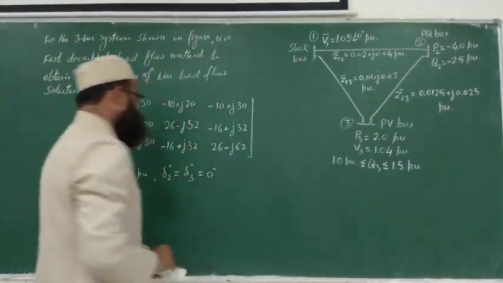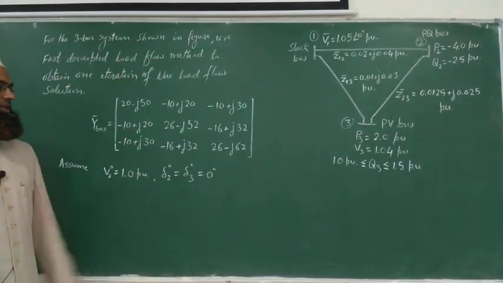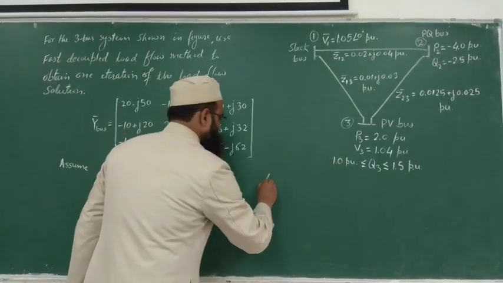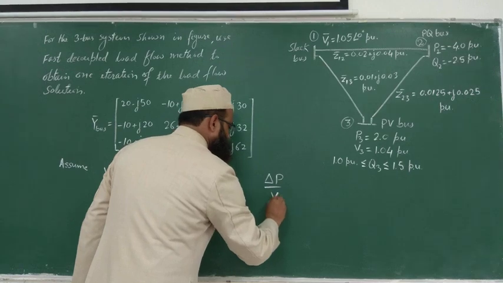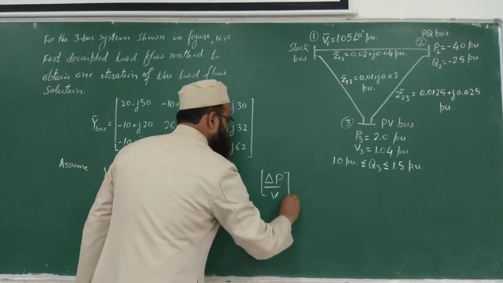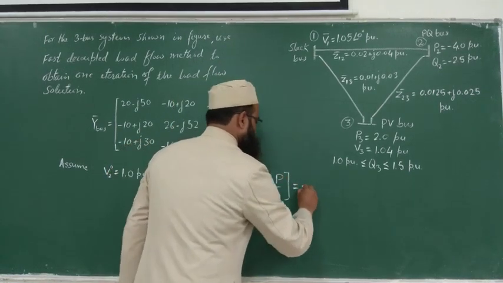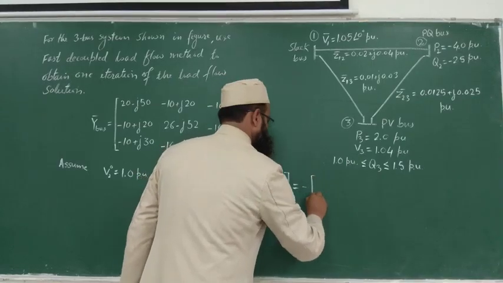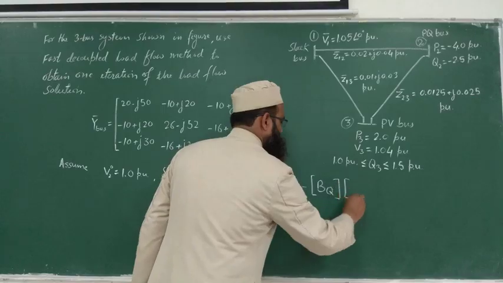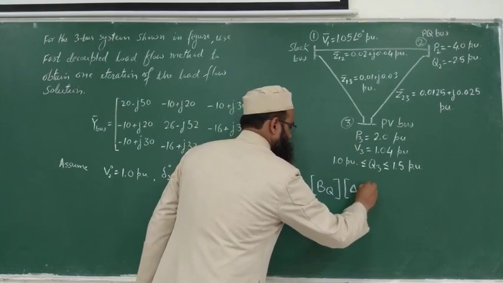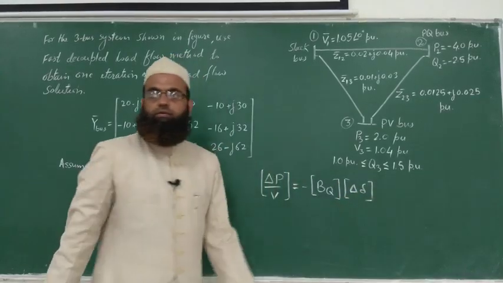We know that in fast decoupled load flow method we have the relation as del P upon V matrix is equal to minus BQ matrix times del delta matrix, isn't it?